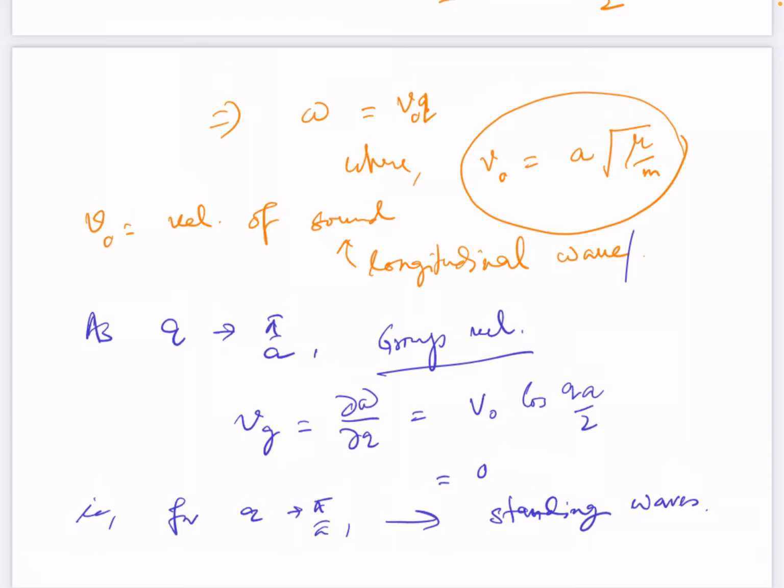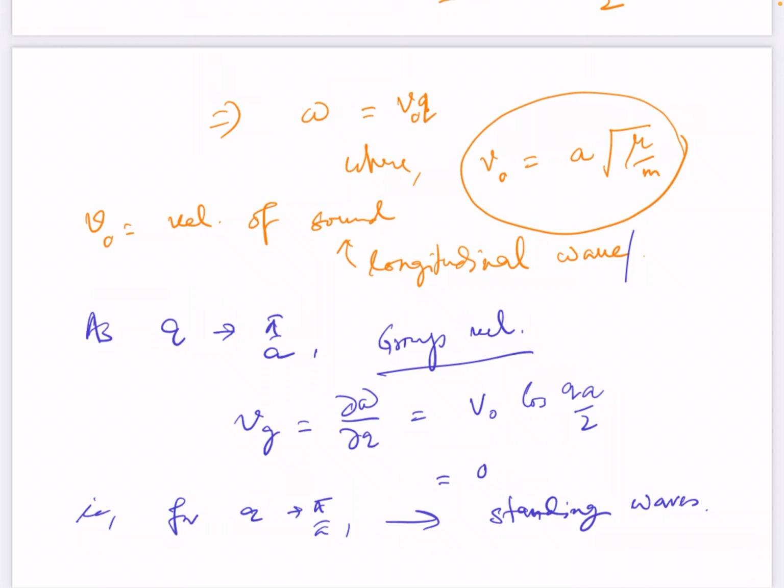So what we see from this dispersion relation is that the frequency is linear in q for a very large wavelength range, but when the wavelengths become smaller, the dispersion relation deviates from linearity, and at the zone boundary it becomes flattened.